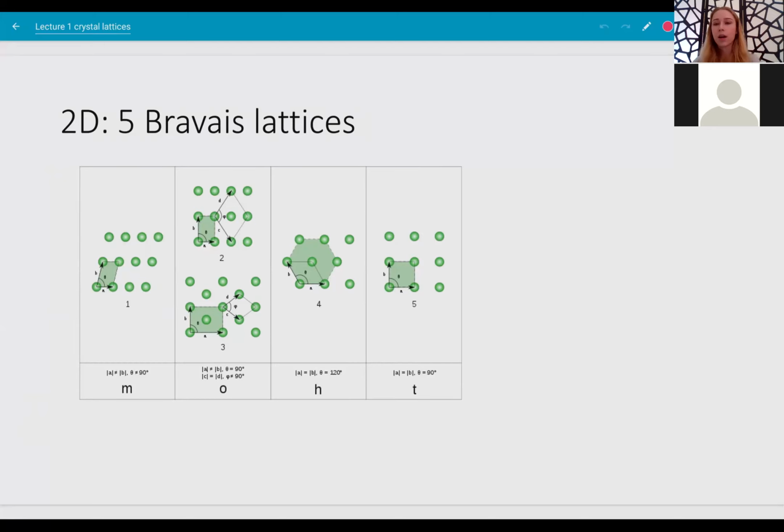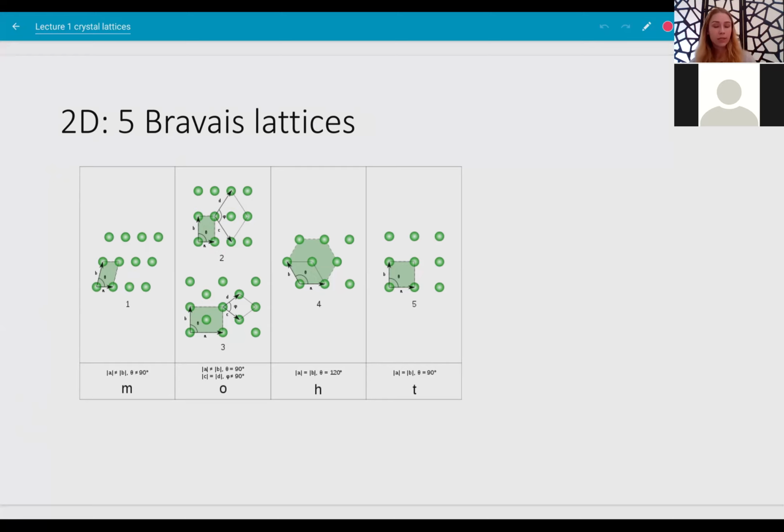There are not infinite types of lattices that can be constructed while still following the rules of being a primitive lattice. The word Bravais lattice also means primitive lattice. In two dimensions, there are only 5 Bravais lattices, and this is just the lattice.